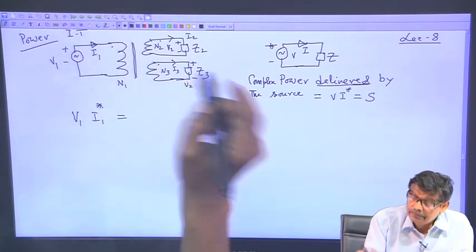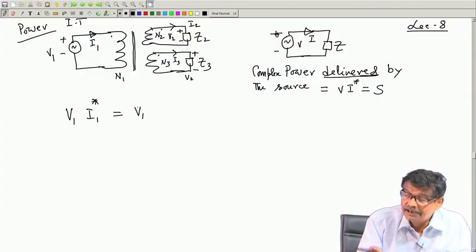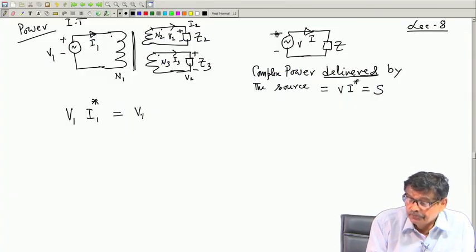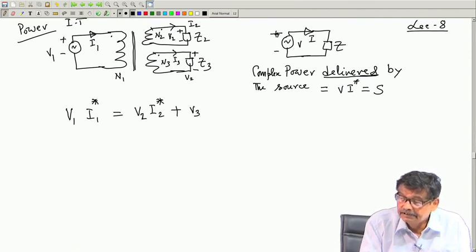So the power absorbed by Z 2 is V 2 I 2 star, plus V 3, this is V 3, plus minus V 3 I 3 star, very simple.